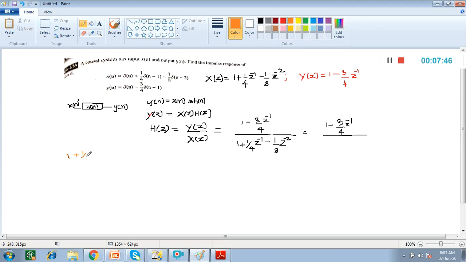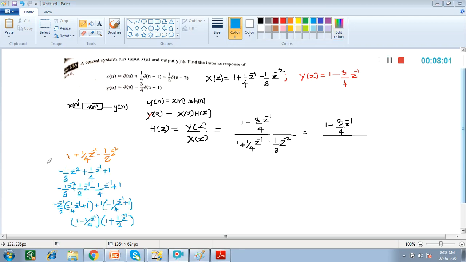When we go for factorization, to factorize we need two numbers which when multiplied give minus 1 by 8, and when added give 1 by 4.